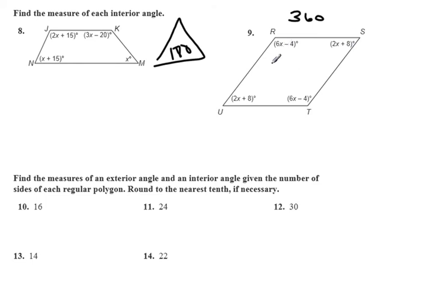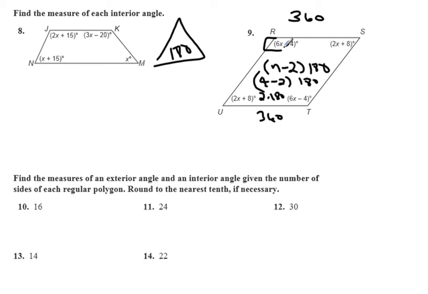I could also do this by finding the sum of the interior angles with the formula, n minus 2 times 180, where n is 4, minus 2 times 180, 2 times 180, which is 360. So all of these angles have a sum of 360. So that's what I'm going to do, is add them all up and set them equal to 360.